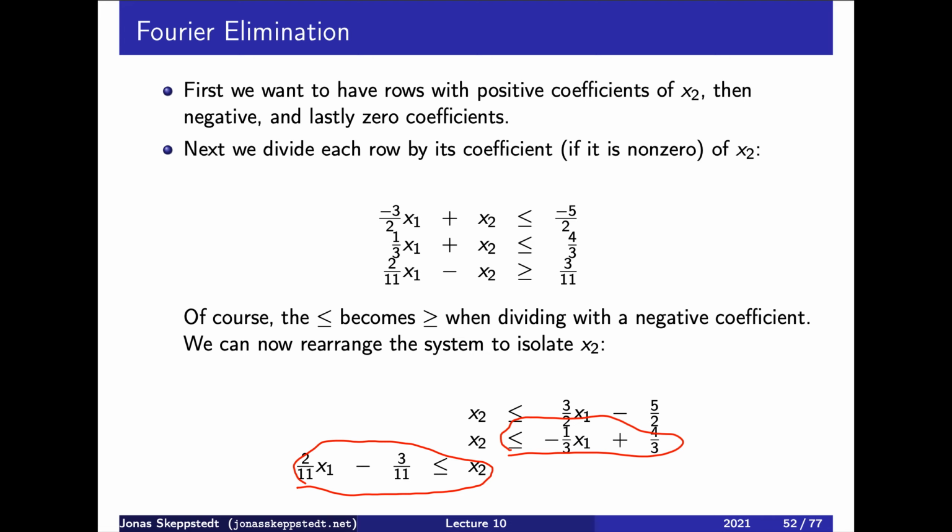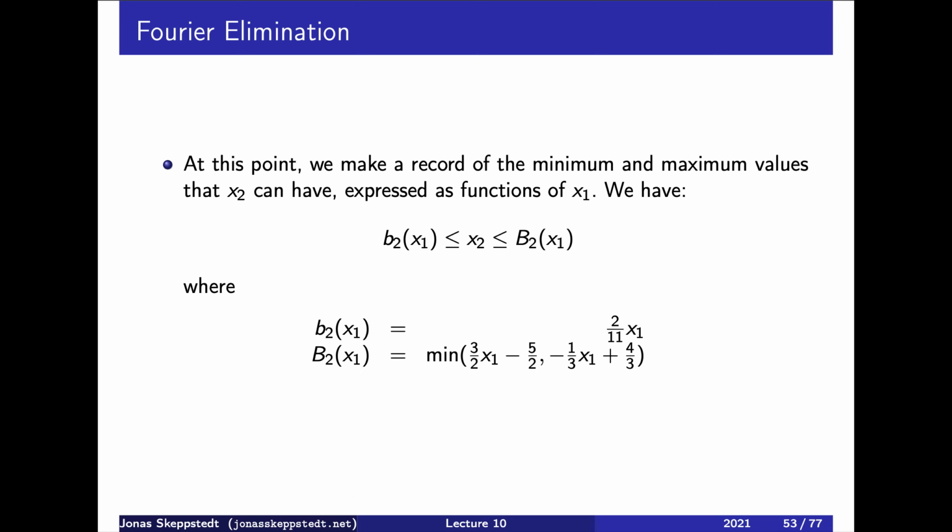In this case, we had only 2 variables, but we can obviously have many, and we eliminate one at a time by combining all the positive with all the negative. Okay, and then we can find limits on the value of this, but we are really not interested in that. We are only interested if there exists a solution or not.